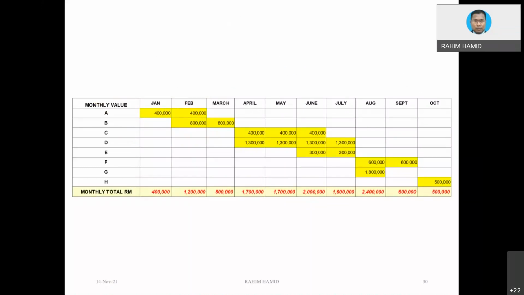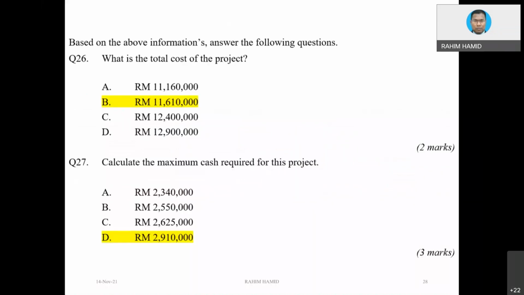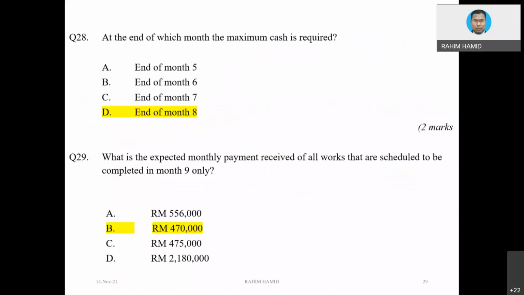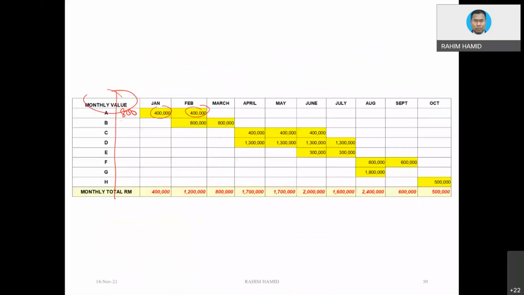you need to establish the Gantt chart. The monthly value is given, and based on monthly value, let's say 800,000. You notice that 800,000 is being distributed equally for the first month and the second month, so you might want to write 800 here. 800. Then B is 1,600. In that way, you can see better.